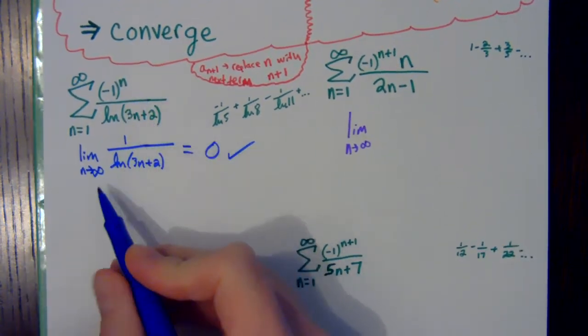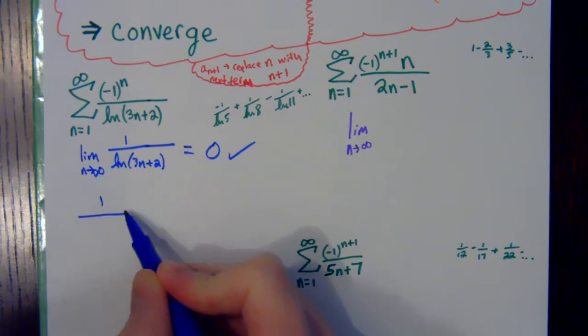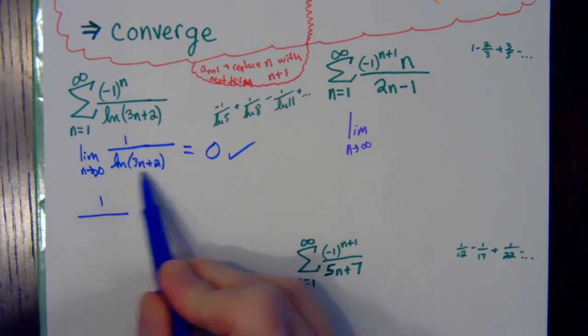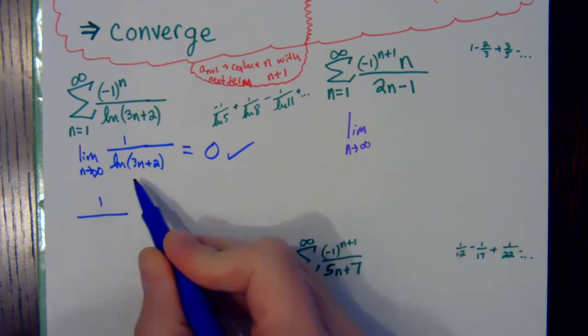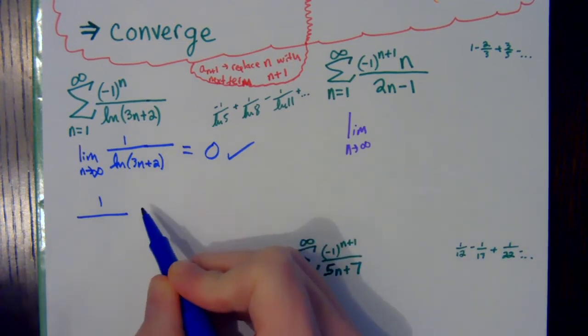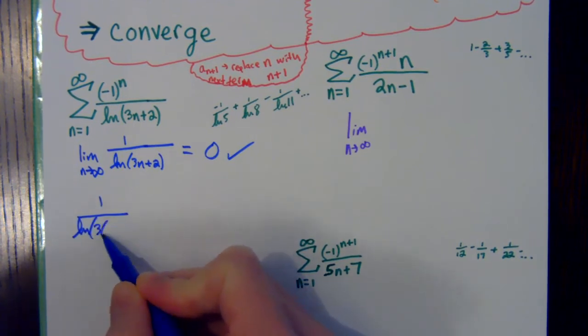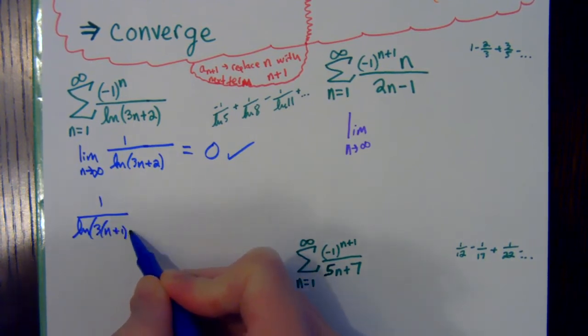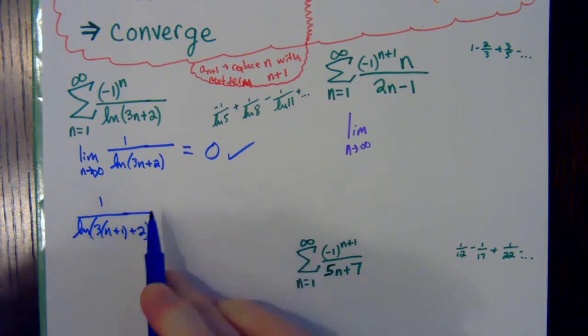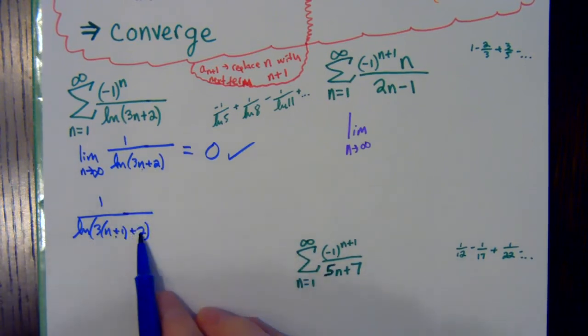So for a sub n plus 1, I'm going to go 1 over, because this right here is the a sub n. All I'm going to do is replace that n with an n plus 1, and everything else carries down.